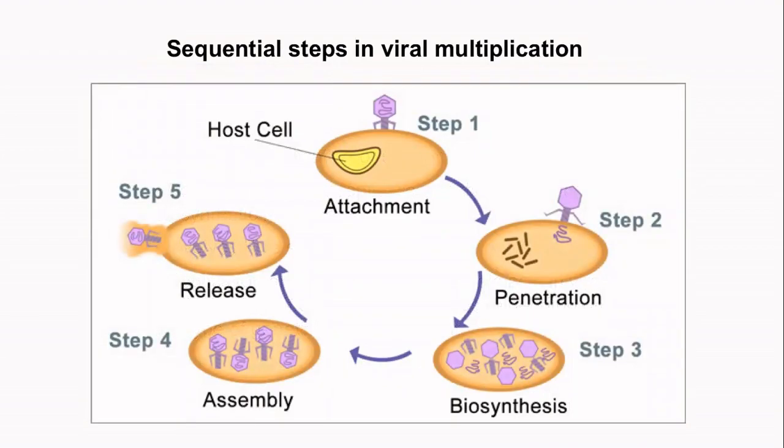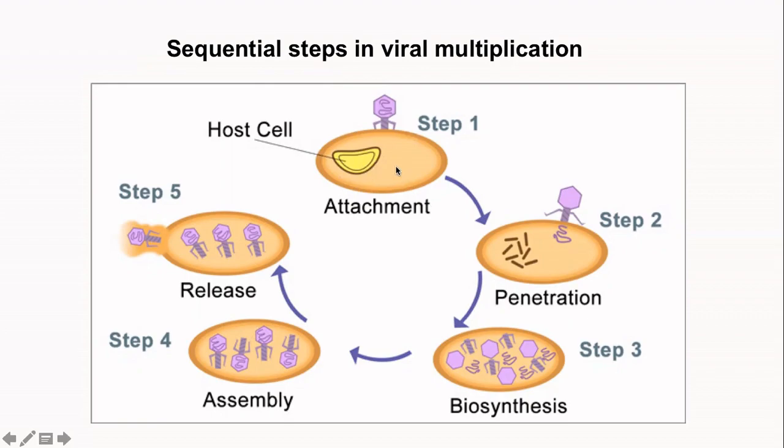So this pictorial representation gives you the sequential steps in viral multiplication. At first, what you are seeing here is a bacteriophage infection. Bacteriophage infects bacteria. So in step 1, the virus comes and lands on the host cell.